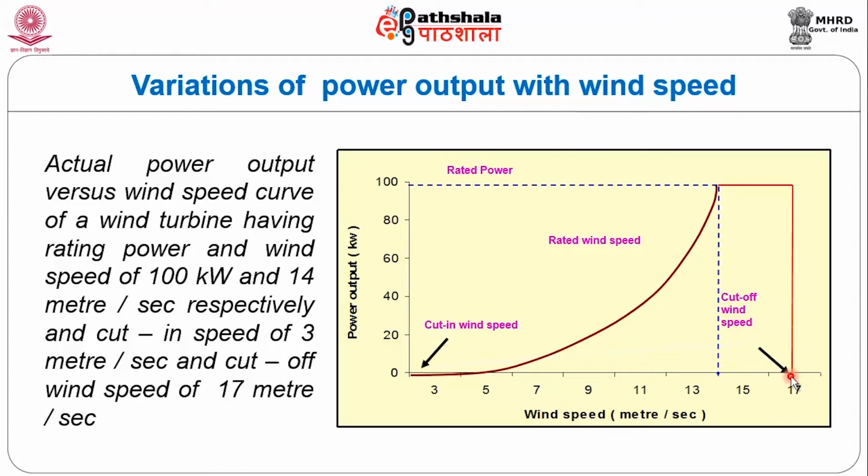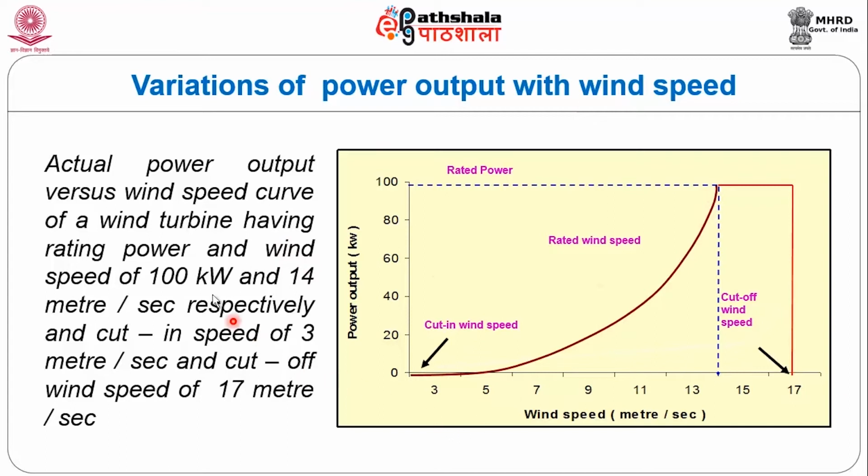That is why it has to be operated between 4 and 17 meters per second. Lower than 4 meters per second, it cannot be started. Beyond 17 meters per second, it cannot be operated. It should be between 4 and 17 meters per second, but at 14 meters per second we will have the maximum output, that is the rated power output.